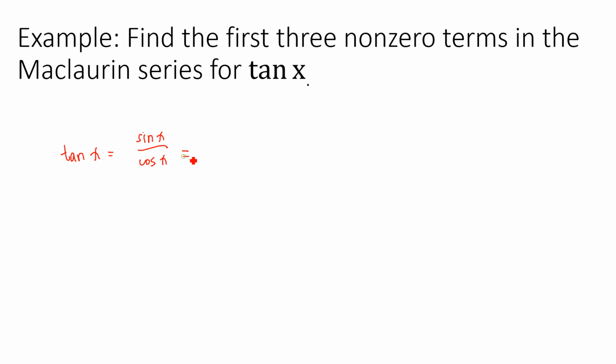So that's equal to x minus x cubed over 3 factorial plus x to the fifth over 5 factorial minus so on over 1 minus x squared over 2 factorial plus x to the fourth over 4 factorial minus so on. So we are just going to divide the two series using long division.